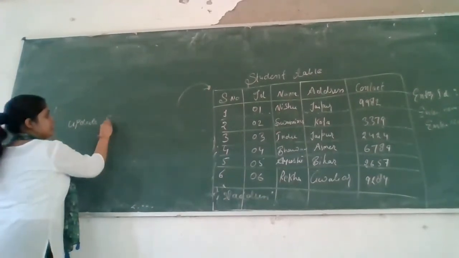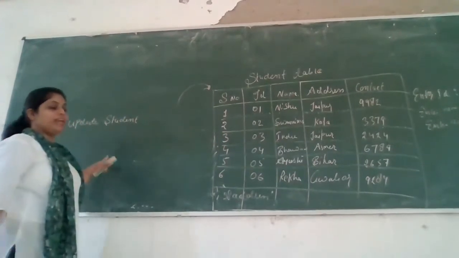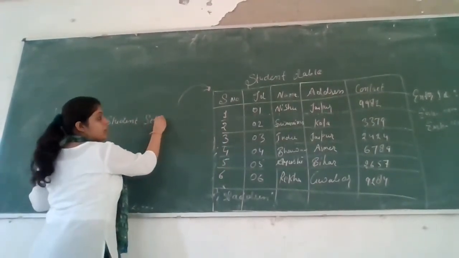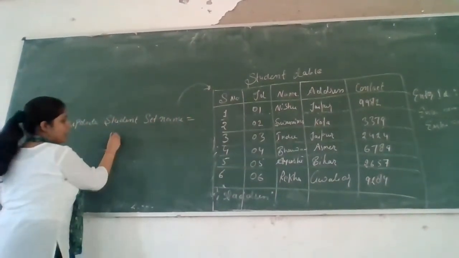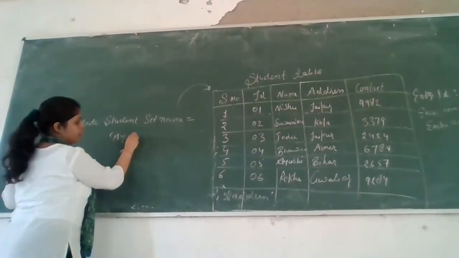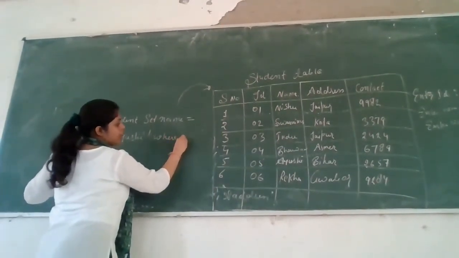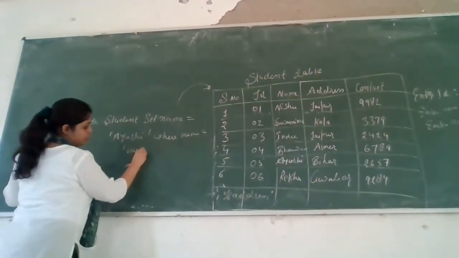So update student. In the place of Varsha, you have to set name equals to Ayushi, where name equals to Varsha.